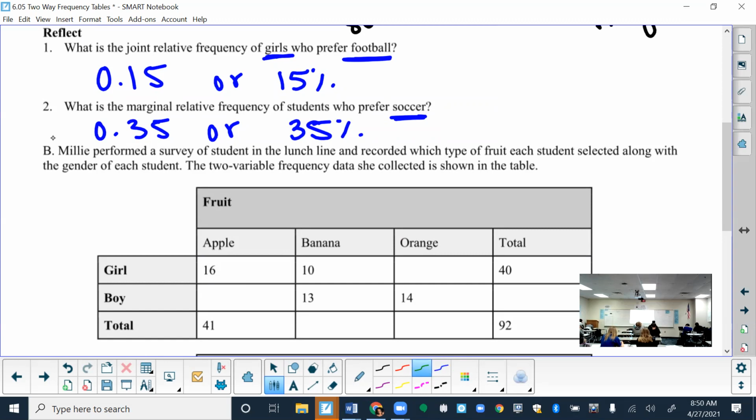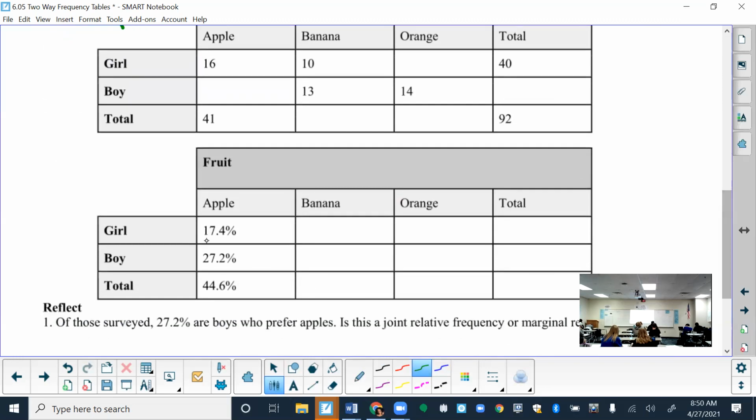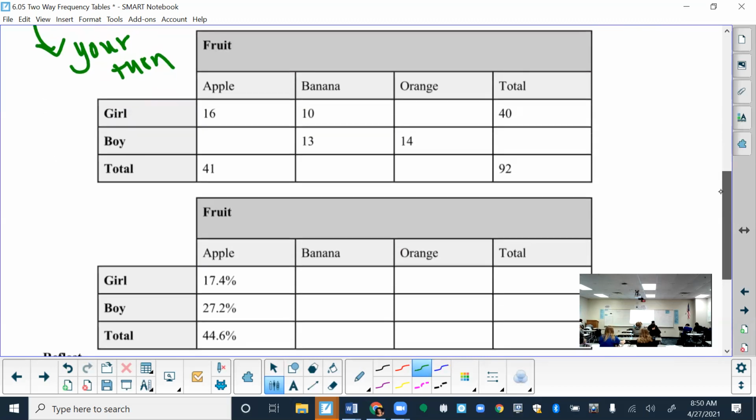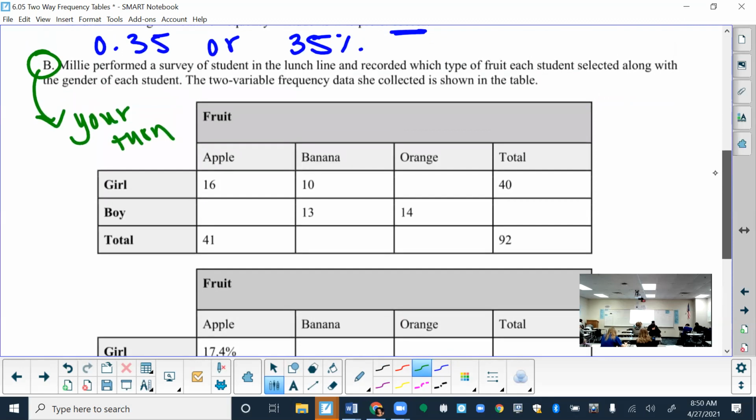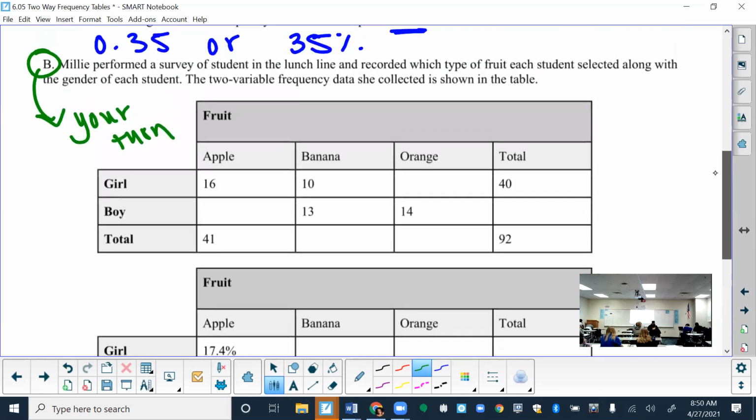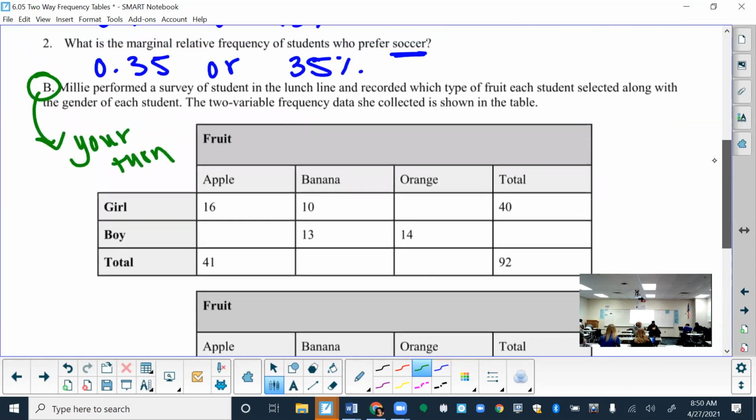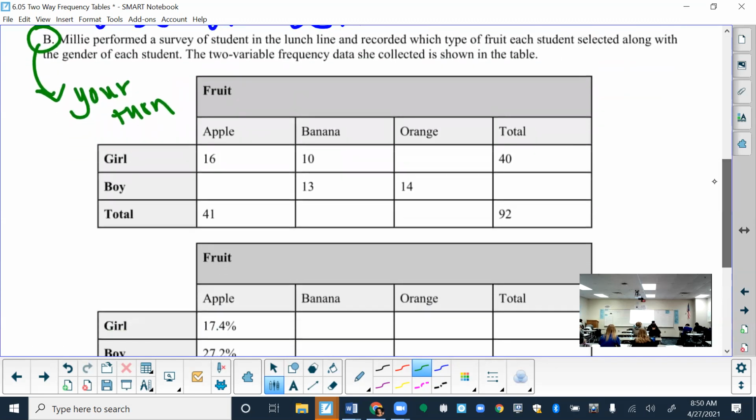You're going to make your table, fill in the empty gaps, and then make your relative frequency table. This time it's in percents, so try to keep that consistent. I'll give you about 3 minutes, and then I'll project the answer on the board.